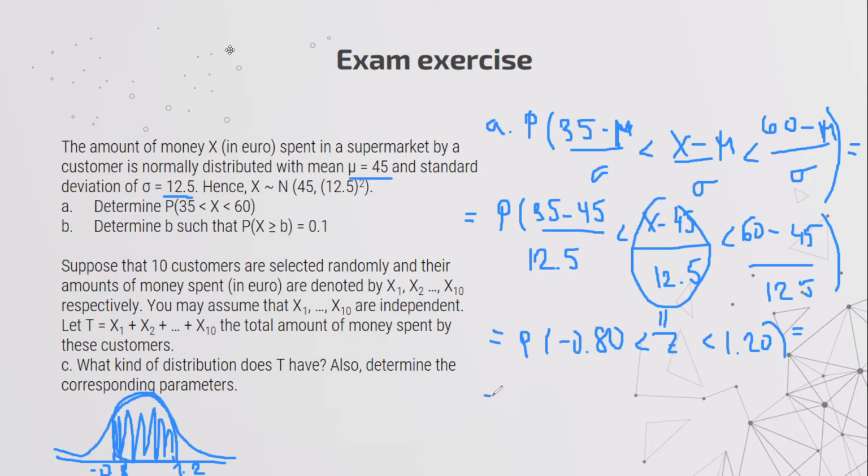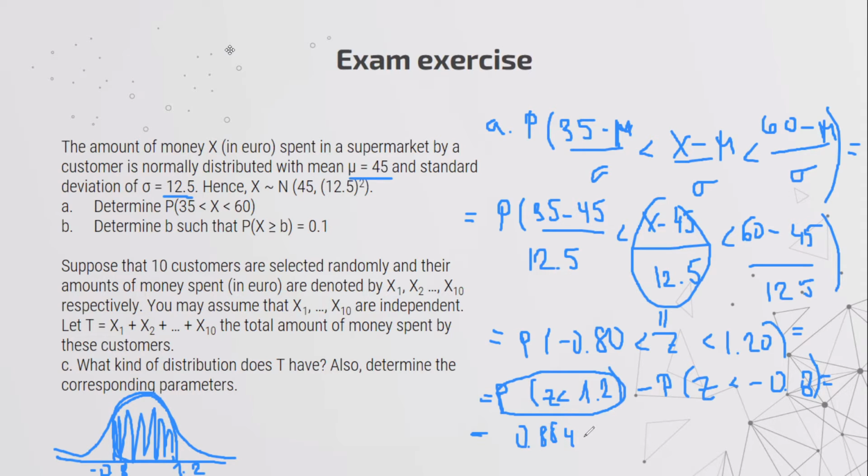And we can just take the probability of z being less than 1.2 minus the probability of z being less than minus this number that is here, 0.8. If we look in the tables for 1.2, you'll get the number 0.8849.